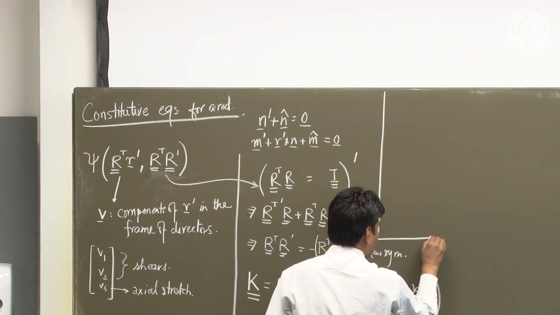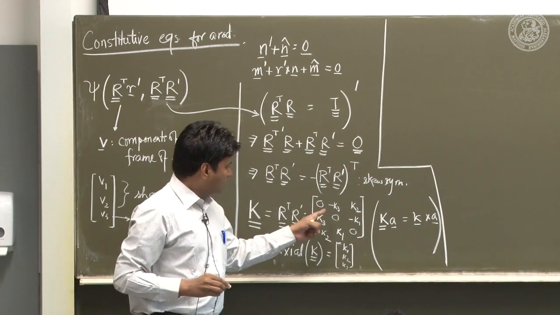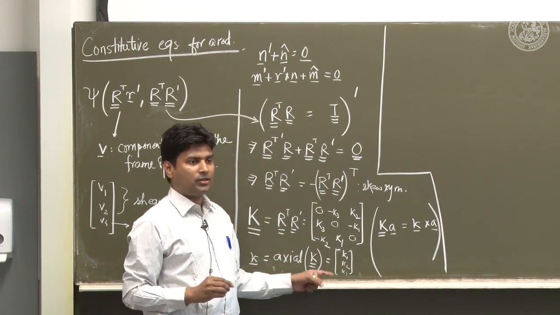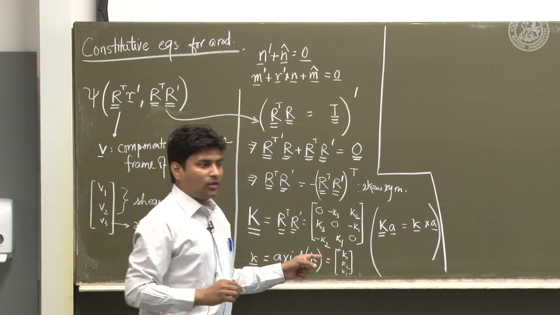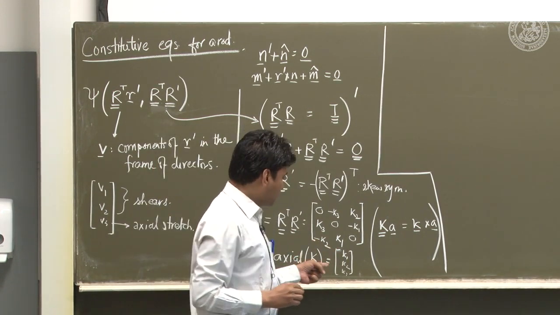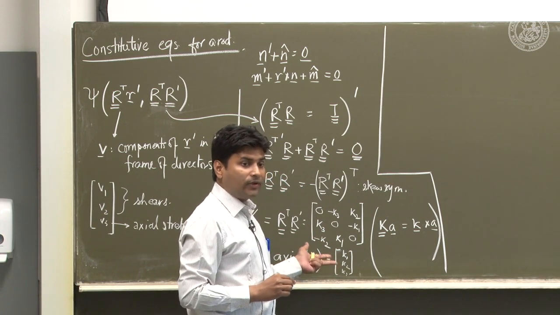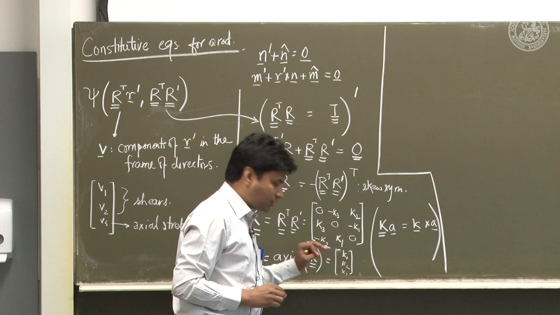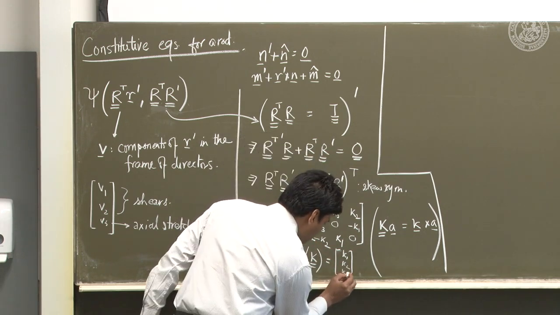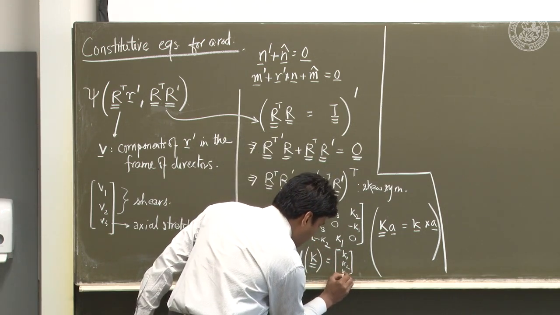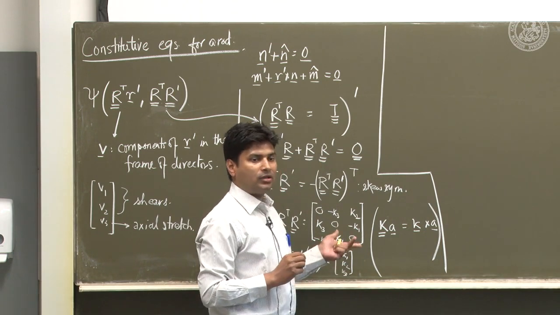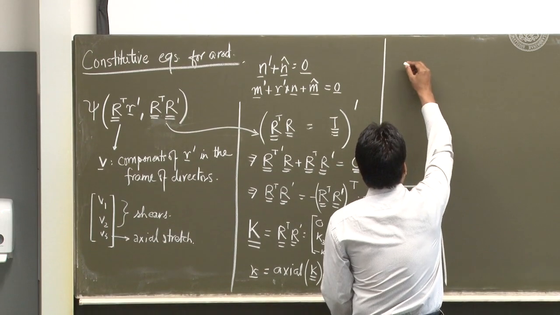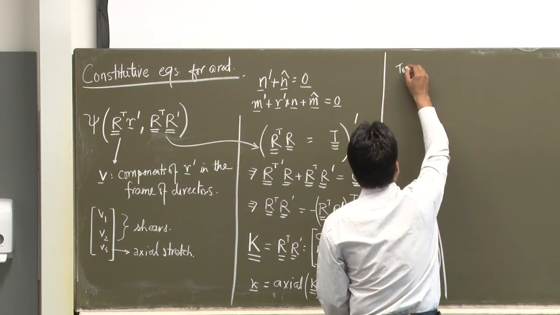Now we want to understand the meaning of these three quantities here. What is K1, what is K2, what is K3? And we will see that they in fact are bending curvatures and twist. K3 for example is twist, and K1, K2 are bending curvatures. Let me give you the example of twisting of a rod.